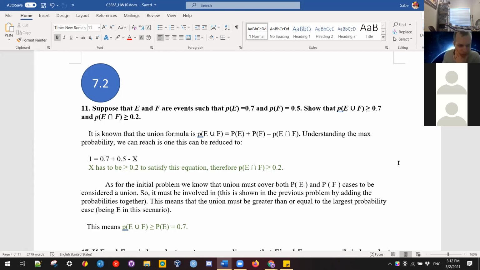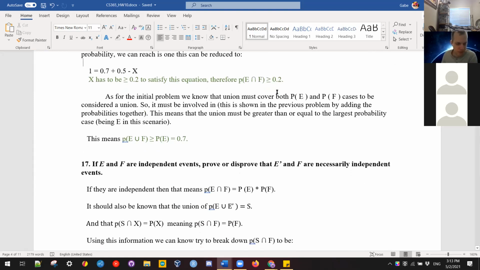It's known the union formula is this, understanding max probability. Where X is the result of that union, X has to be greater than or equal to 0.2, because we get 1.2. If you add these 2 together individually, you get over 1, so you have to subtract down to where you get a probability of 1. And then that X for the intersection ends up being 0.2.